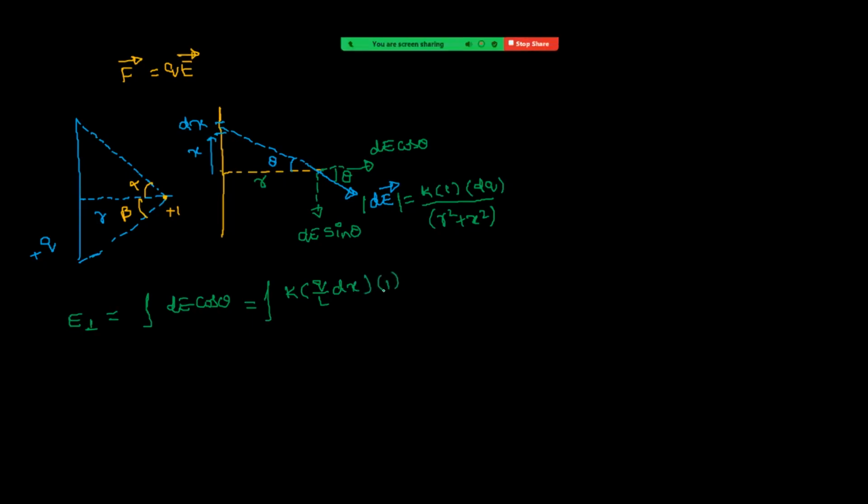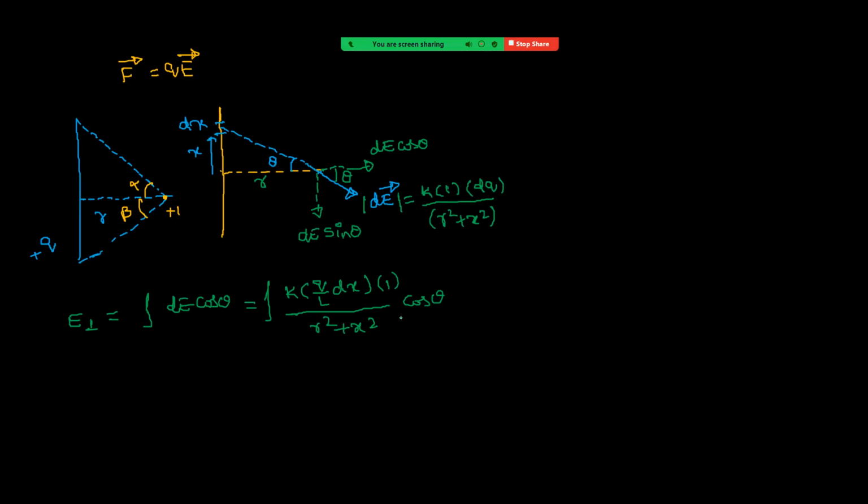The other factor is 1 divided by r squared plus x squared, into cos theta. Now in this, x is variable, theta also is variable. So we want to convert this into a single variable.